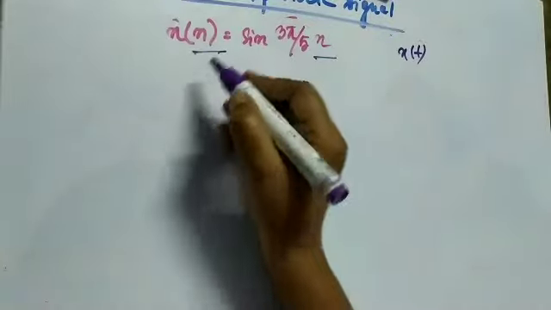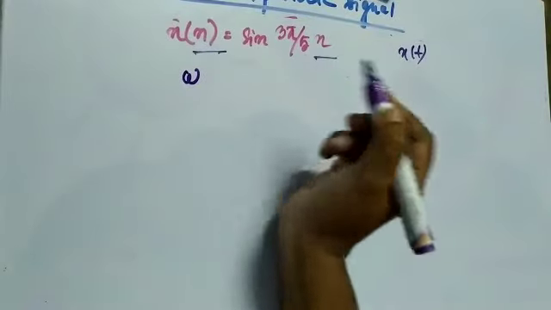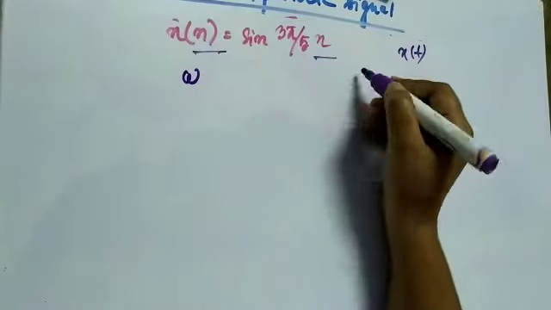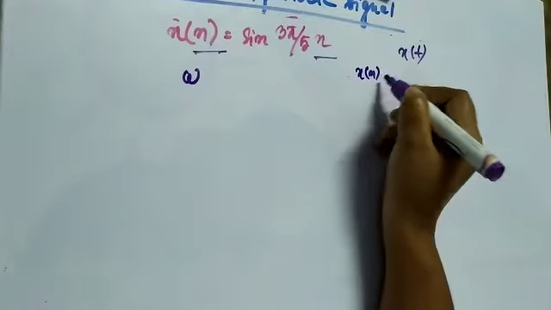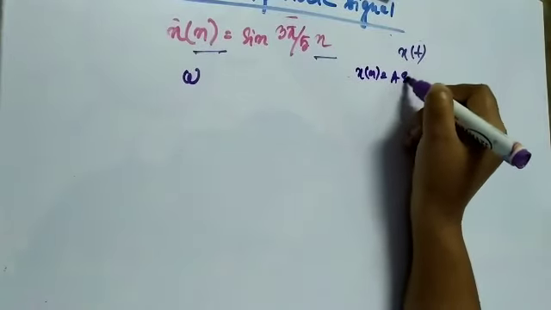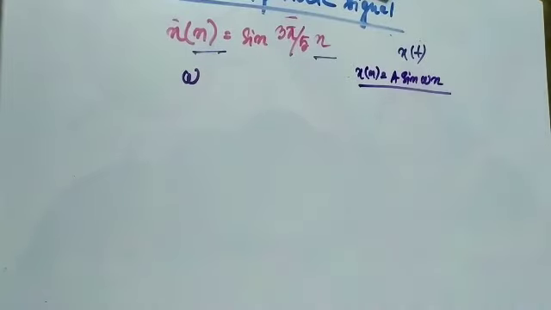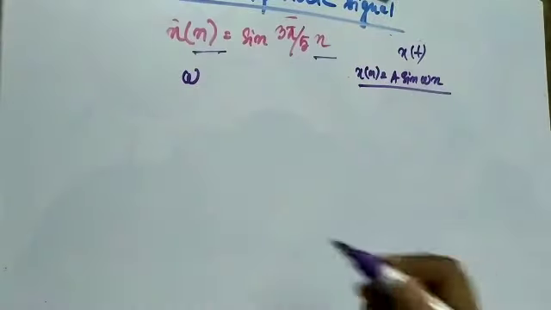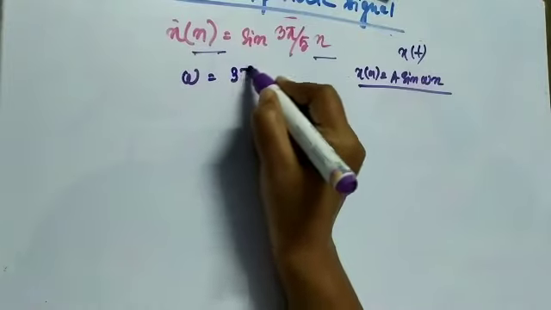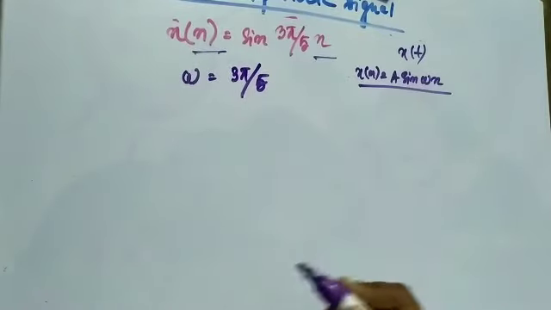So again you have to find omega. For a discrete time signal, the general equation is sine omega n. By comparing these two terms, omega equals 3 pi by 5.